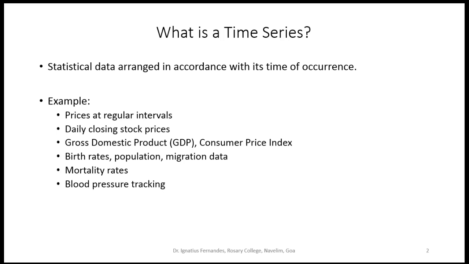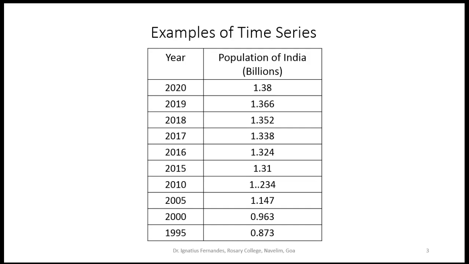Now, a time series can be represented either in a tabular form or a graphical form. In case the data is small enough to be represented as a frequency distribution table, this is an example of a time series. We have the population of India from 1995 to 2020.